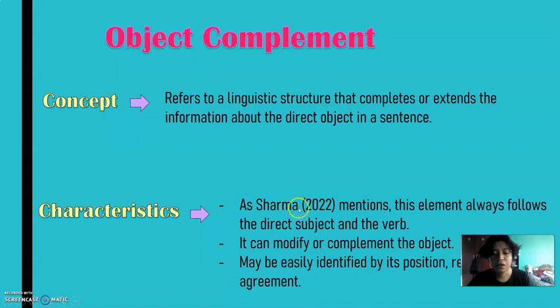Number 1, as Sharma mentions, these elements always follow the direct object and the verb. Next, it can modify or complement the object, and the last, it may be easily identified by its position, reference, and agreement. Okay.